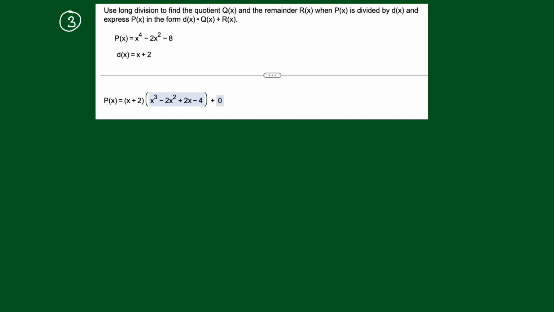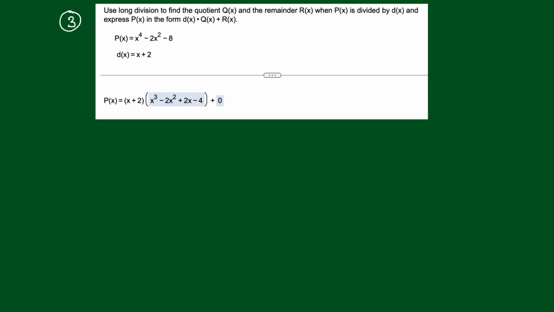We are going to use long division to find the quotient and the remainder when p of x, here's p of x, is divided by this divisor, d of x. So we're going to divide this trinomial by this binomial. So let's set this up.